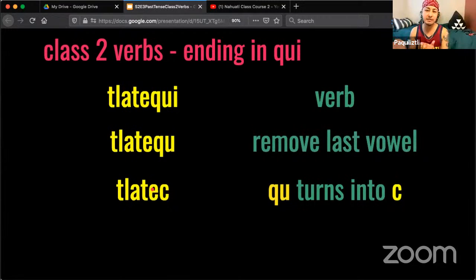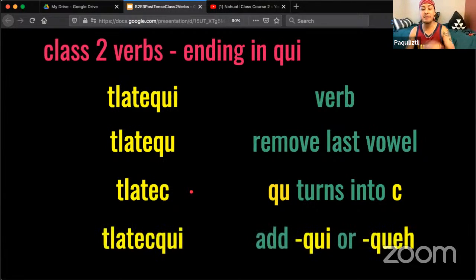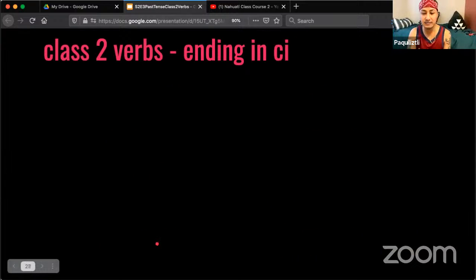But if we were using the practical alphabet, it would just be a K, so we would just remove the I and it would stay a K. But here, because of our writing system, it becomes a C. And so tlatek, to cut something. And then in the past, it would be tlatehki. This K sound, the C becomes more pronounced like an H. So it'd be tlatehki, to cut things, or he or she cut something.